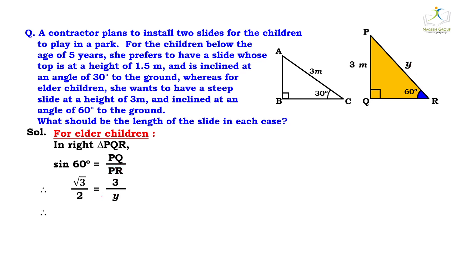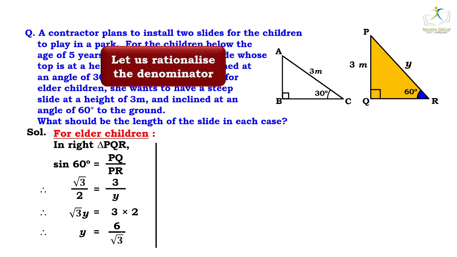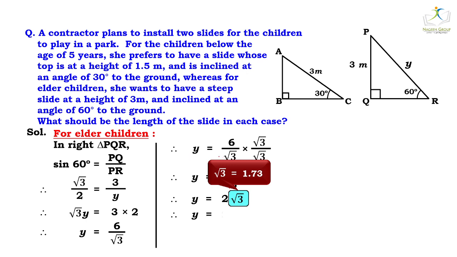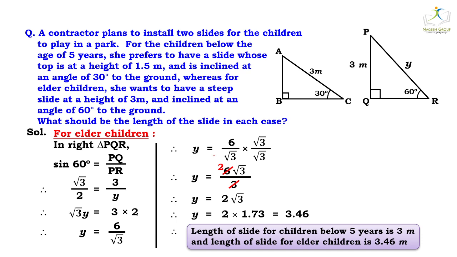Now cross multiply, √3y equals 3 into 2, which is 6, right? y equals 6 by √3. √3 से multiply, √3 से divide, 6√3 divided by 3, cancel out करते हैं, ये आएगा 2√3, right? y की वैल्यू हमने फाइंड आउट की, 2√3. Now √3 we know is 1.73, multiply 2 into 1.73, that is equal to 3.46, right?